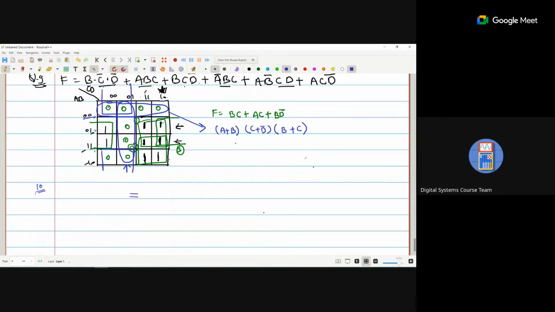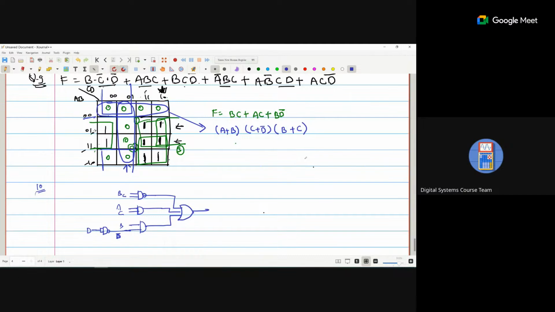I just first implement B C, then A C, and then D. With the D, I use one NAND gate, so I convert it to D bar. Okay, and now I use 1, 2, 3, and using the 4. Okay.